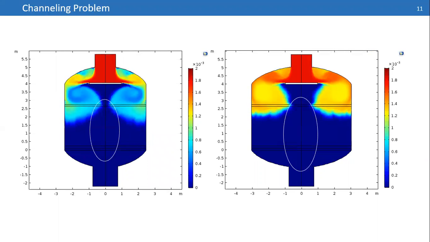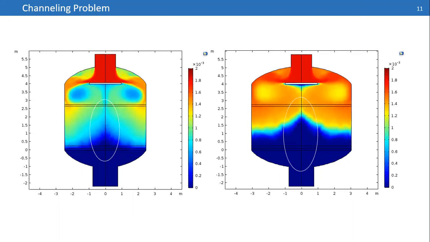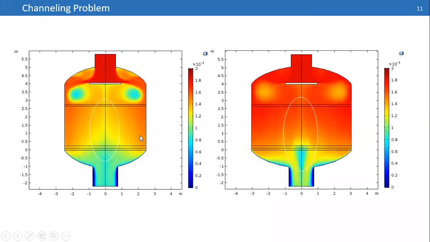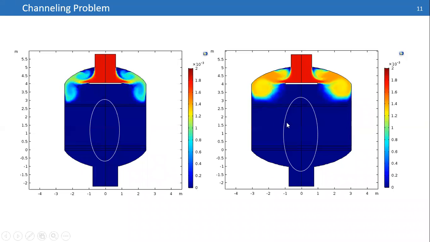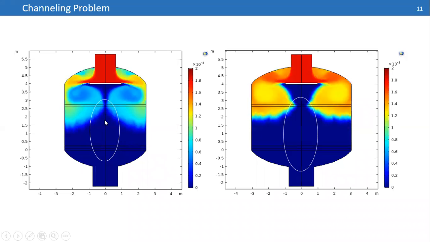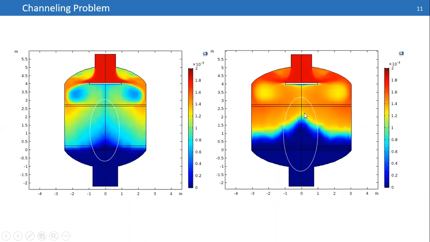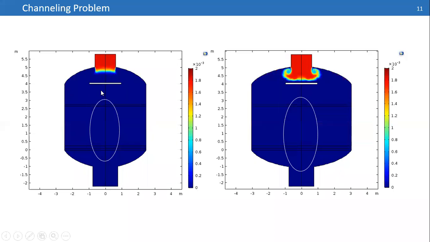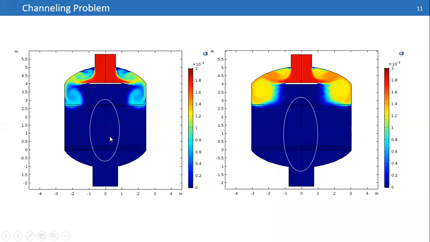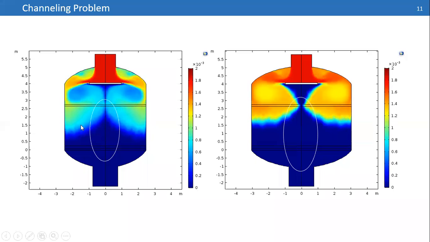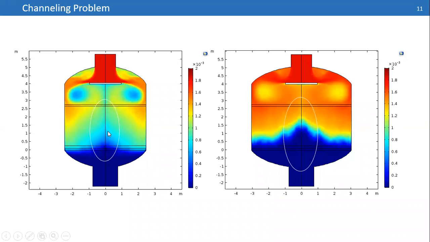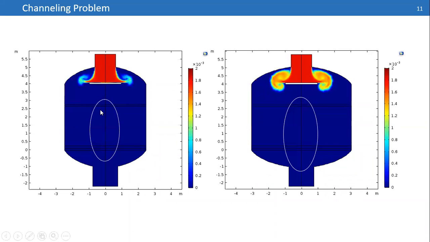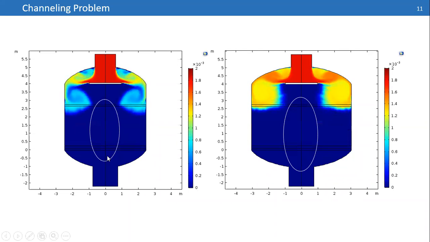Another problem is the problem of channeling that maybe you have in your system. It's an animation of that reactor that you can see that in the center of the reactor you have some type of channeling, since this adsorbent is going to be consumed, and after finishing that you need to just unload that and load fresh catalyst and adsorbent.